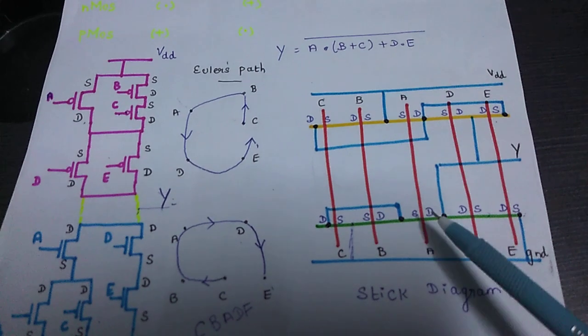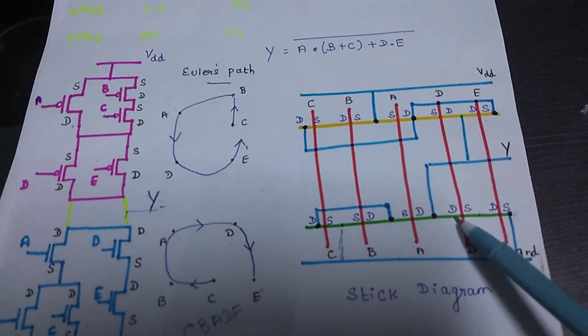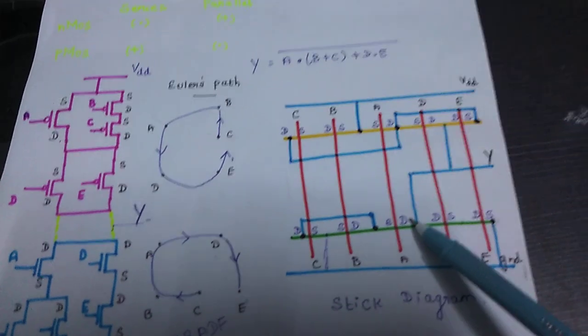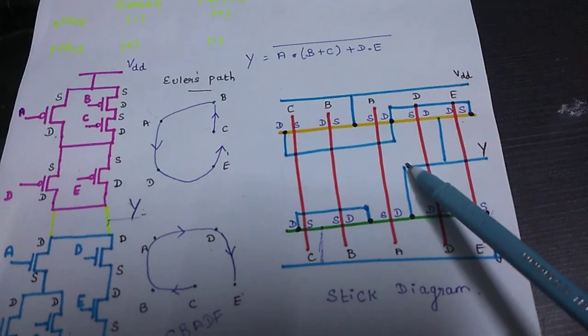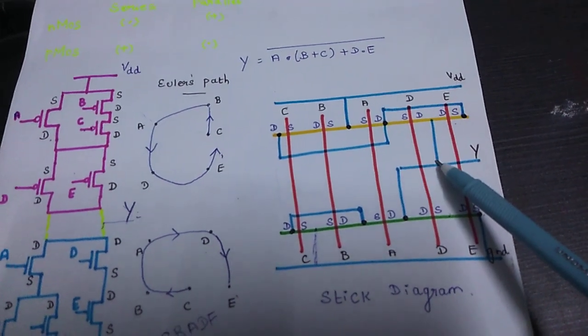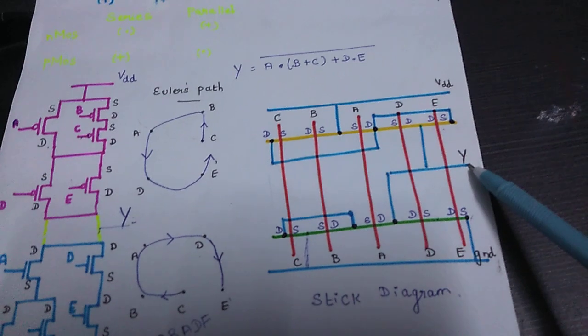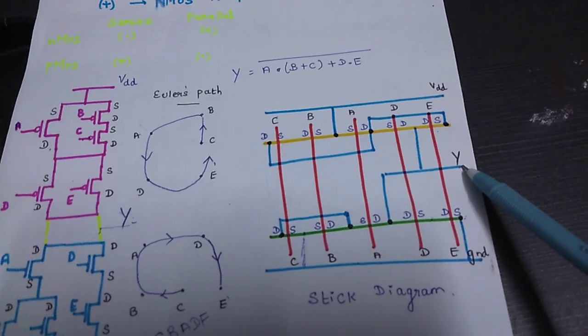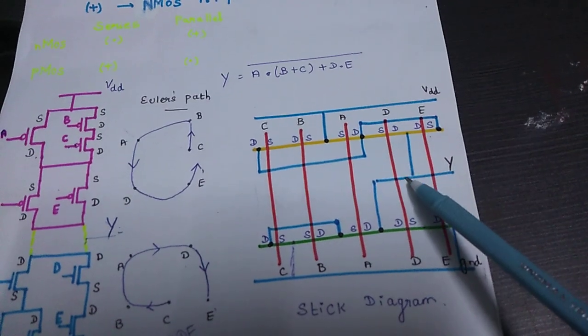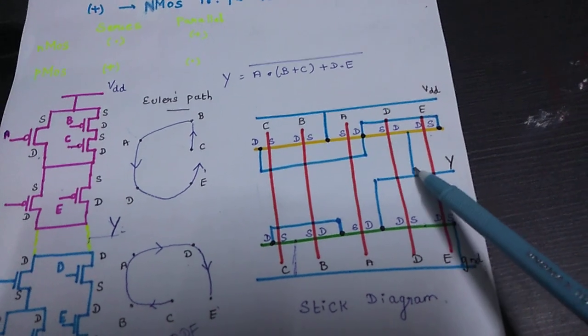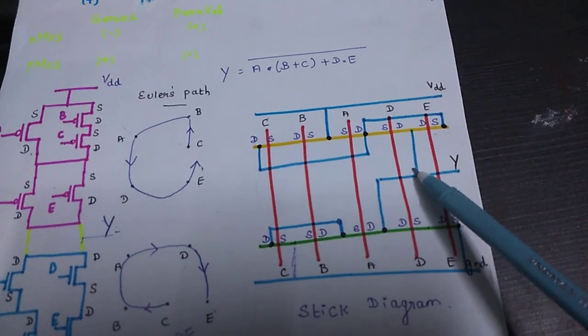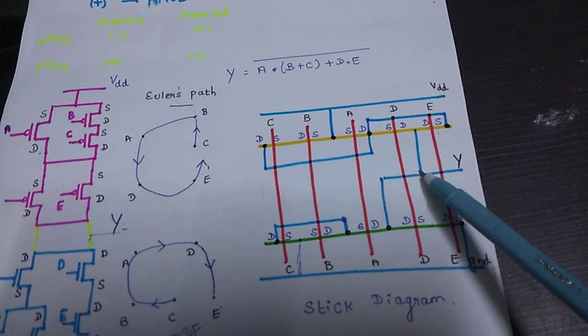Drain of A transistor and D transistor. This is the point. From here, I am taking a metal contact. Both are interconnected, and then I have to come and extract the output. Since this is two sticks of the same material, there is no need to mention the electrical contact over here.